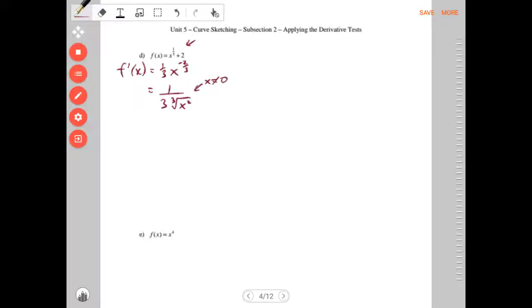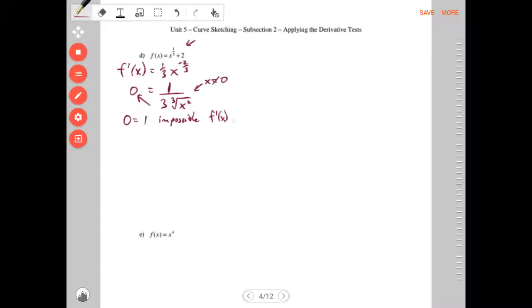The crazy part is there's no x's on the top, and the zeros always come from the top, so 0 equals 1, because the bottom multiplies up. This is impossible. 0 can't equal 1. So that means the first derivative will never equal 0.